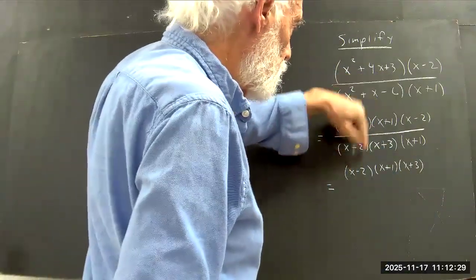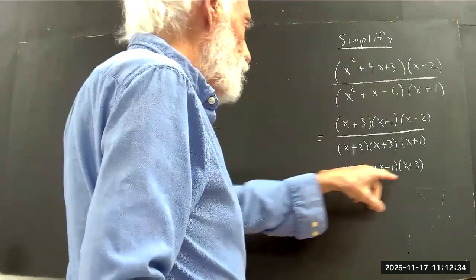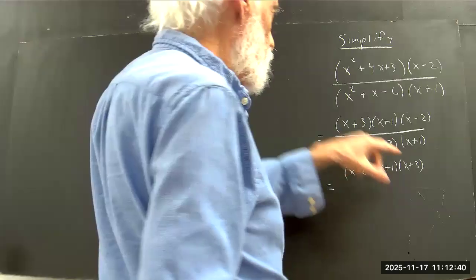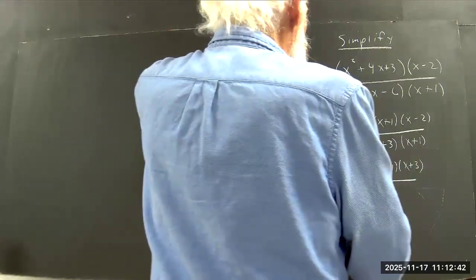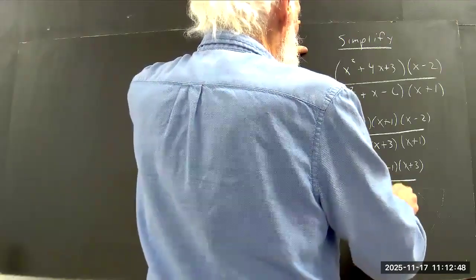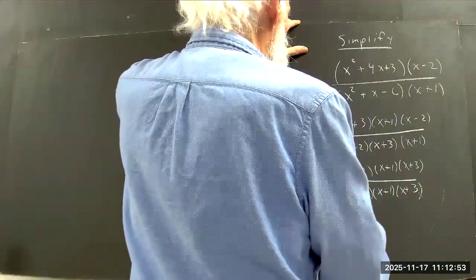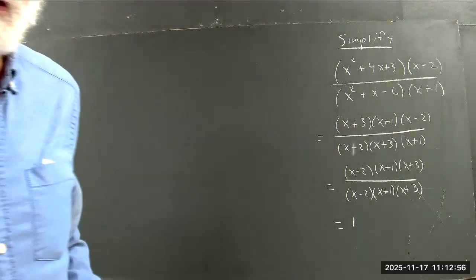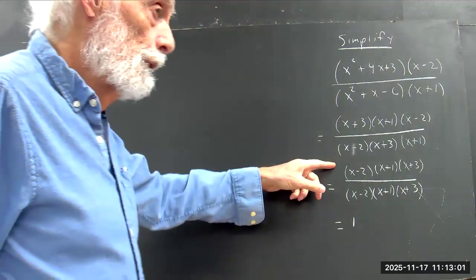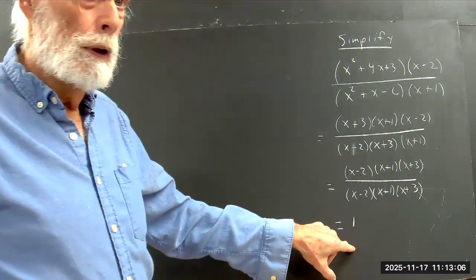Again, our x minus 2 goes here, x plus 1 here, x plus 3 here, just putting the factors in order of the numbers, minus 2, 1, and 3. And you don't have to do it that way. And that equals 1, because the numerator is the same as the denominator. When you divide an expression by itself, you get 1.